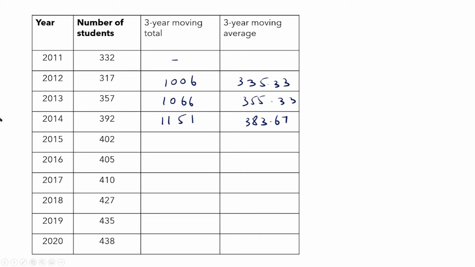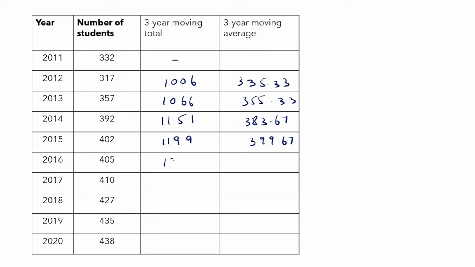383.67. Now the next 3-year moving total for 2015 is 392, 402, 405. The sum of these three comes out to be 1199. Divided by 3, 399.67. Then for 2016, it is the sum of these three.